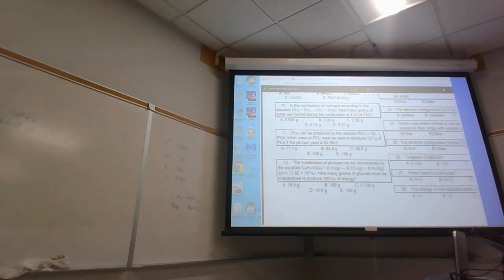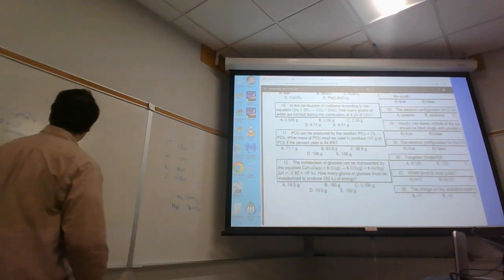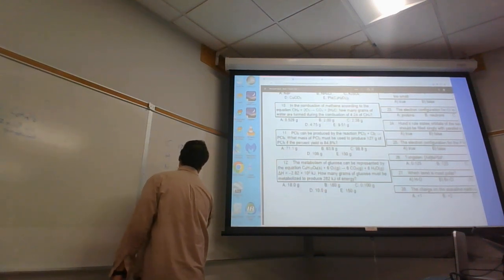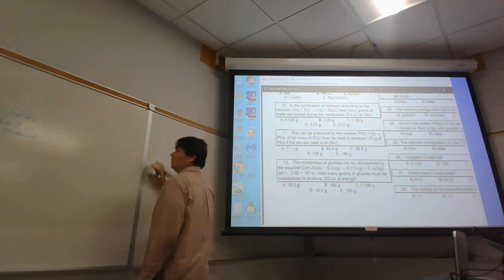Since energy is always positive, the negative just tells us the direction, so energy is being released. And so what we could do is just say produce as a product rather than consumed as reactant. Then we need to figure out the molar mass of glucose. So this will tell us how many moles of glucose.